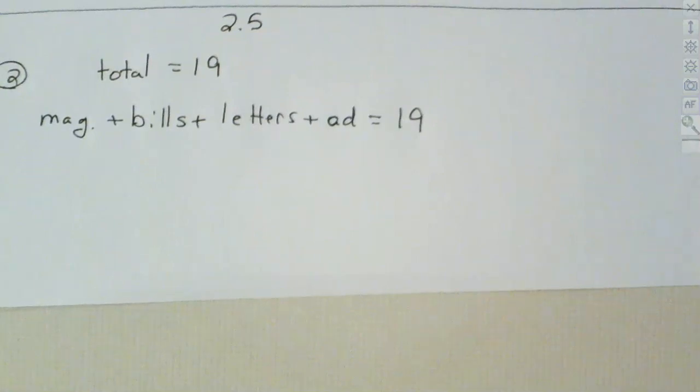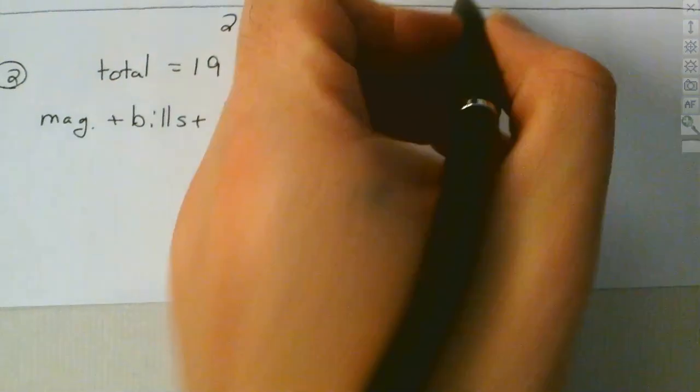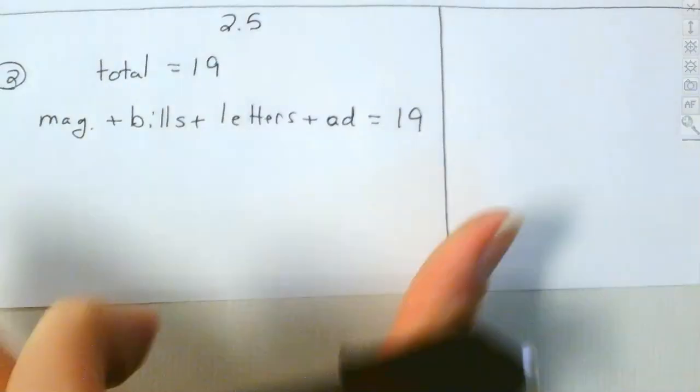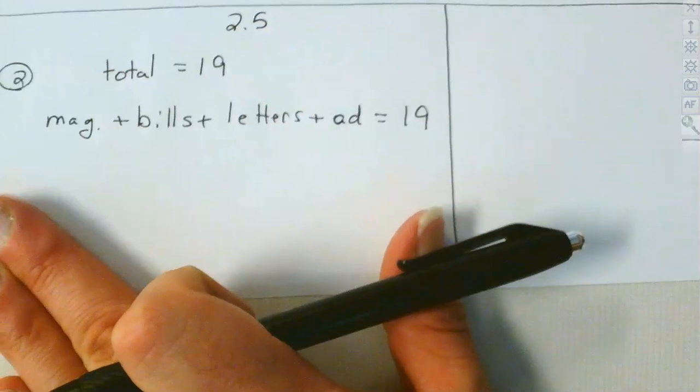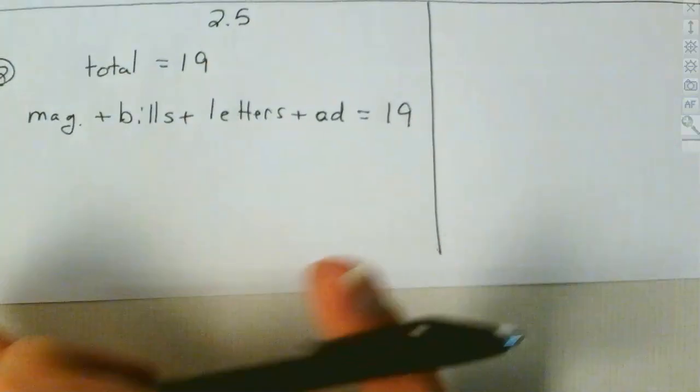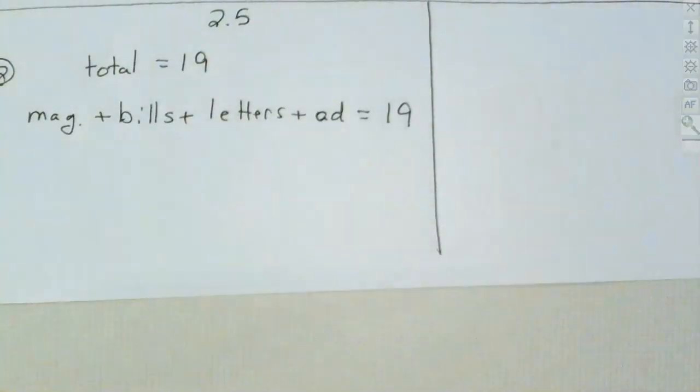Now, we need to see how they all relate to each other, because our goal is to build an equation with the variable x. And I'm going to try to keep this side on the left cleaner than the right. The right can be whatever we need to use. So let's see what we've got.